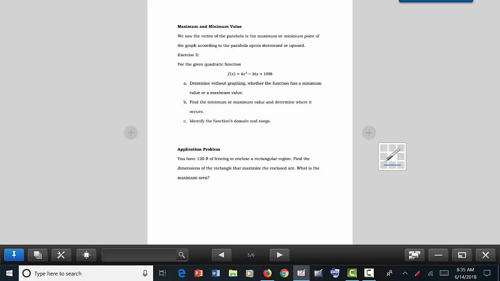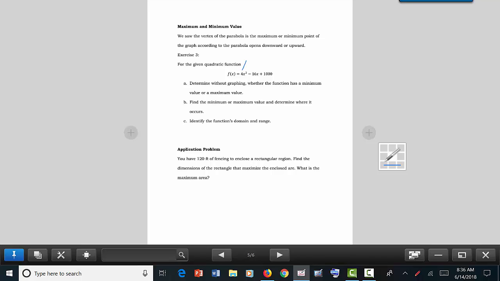Now the question is where we can use these kinds of things in our daily life. Here is a function, and we have to find the minimum or maximum value. Usually the minimum or maximum value happens at the vertex.